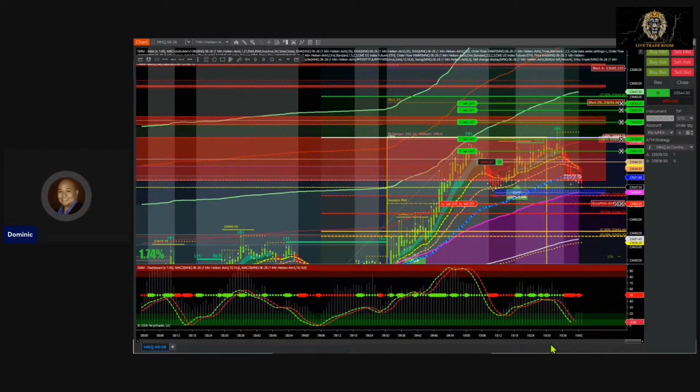Let's see if it's going to bounce off that. This is, again, a liquidity. $15, $14. Let's see if it's going to make its move here.